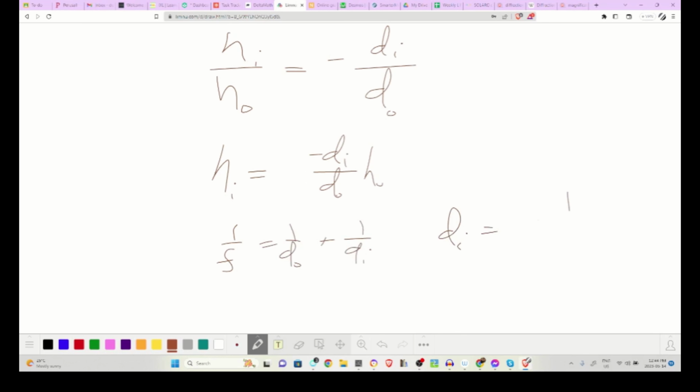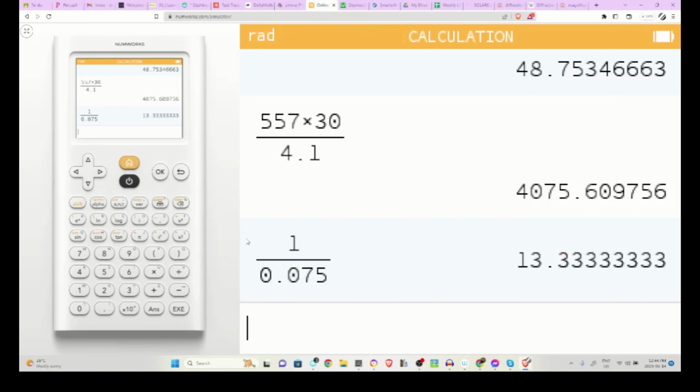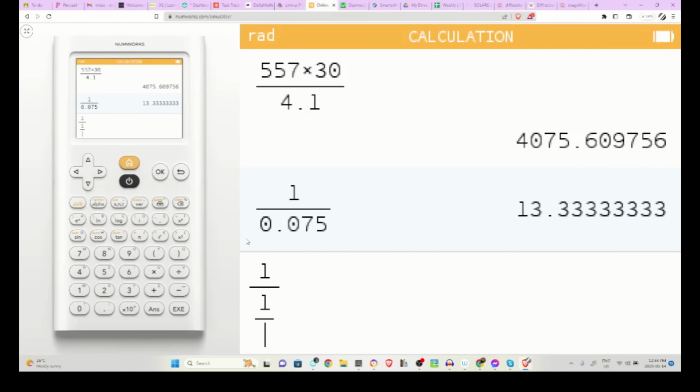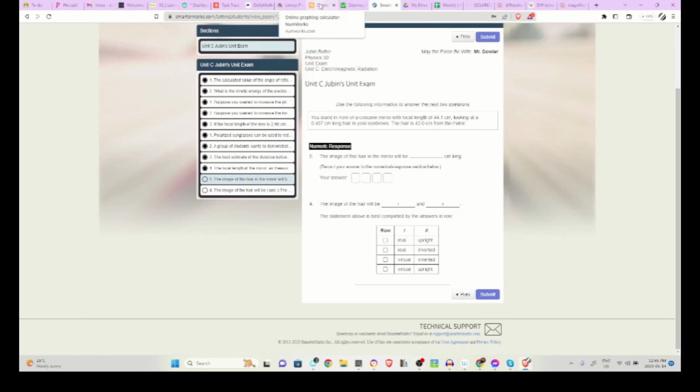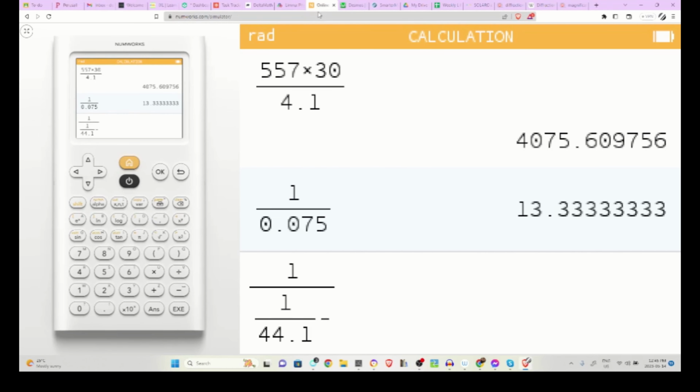So di is 1 over f minus 1 over dO. And that is what we substitute into here. So our di is 1 over, and inside it's 1 over our focal length, 44.1, minus 1 over the other one, 43.